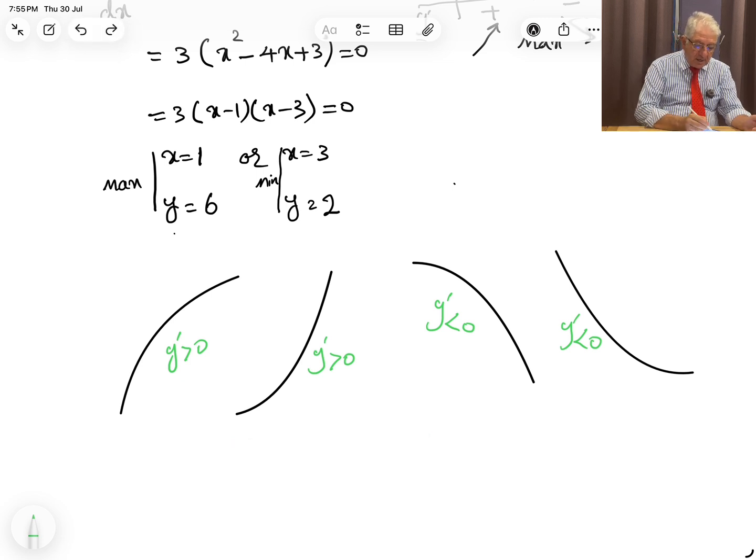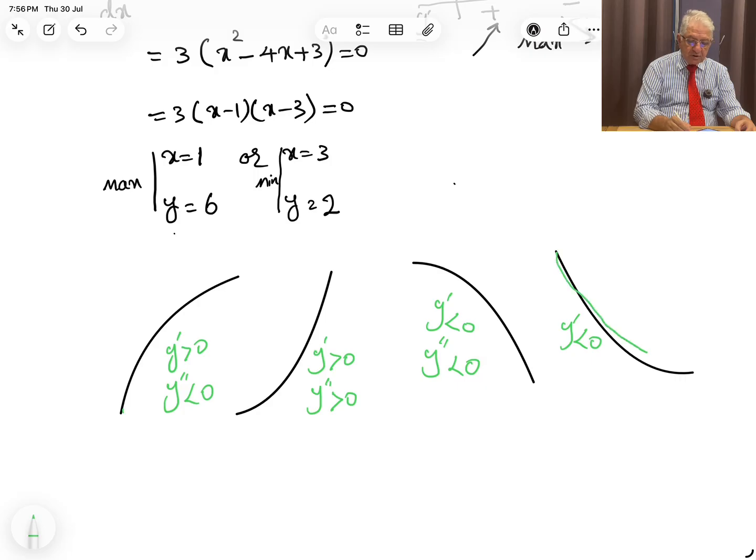Now look at this. Here is concave down. You can see that it is downward. In that case, y double dash is negative. Here you can see that it is concave up. That means y double dash is positive. Now the third one is concave down. So y double dash is negative.